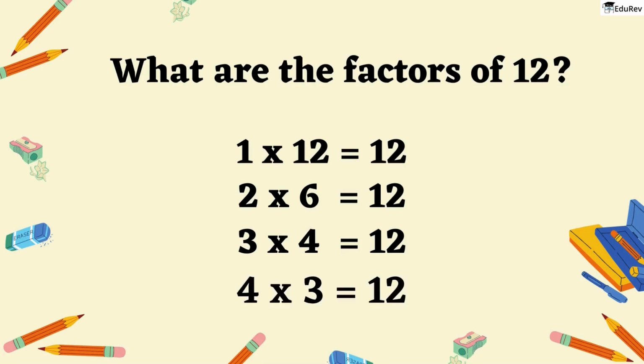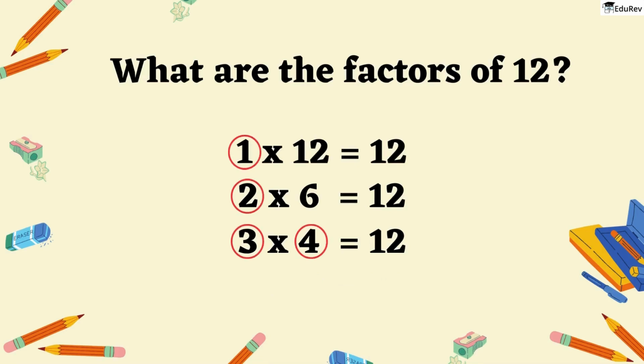If we write 4 into 3 equals 12, it will be a repetition of numbers. So, the factors of 12 are 1, 2, 3, 4, 6 and 12, because we can multiply these numbers in different combinations to get 12.